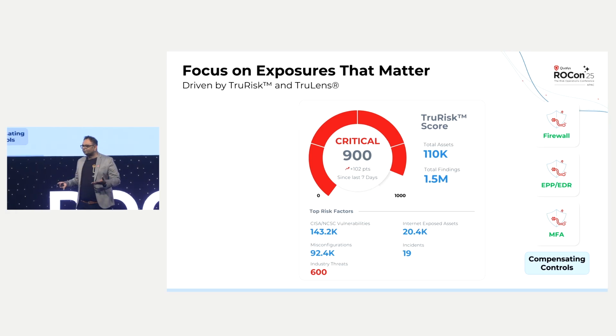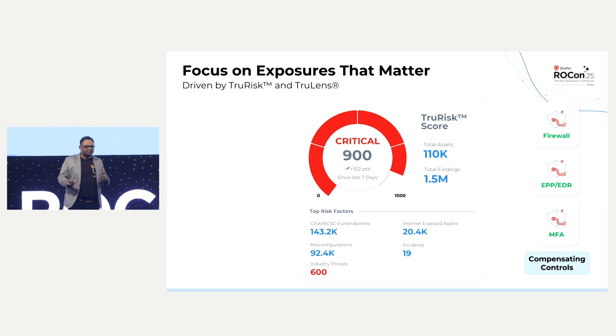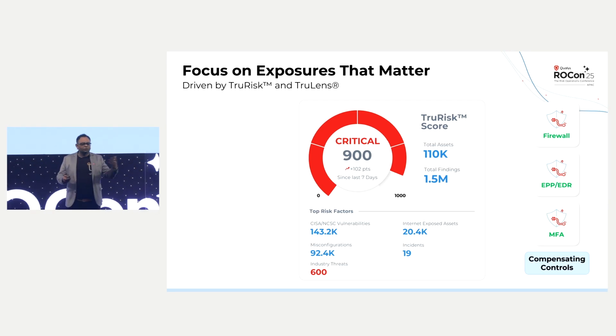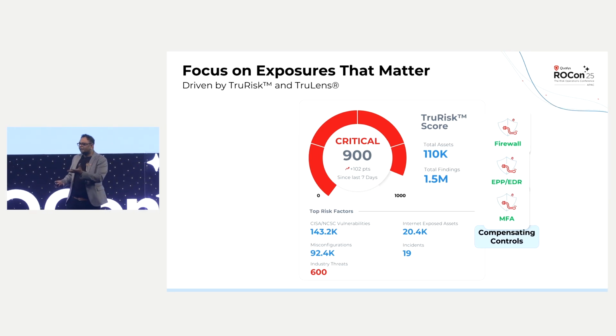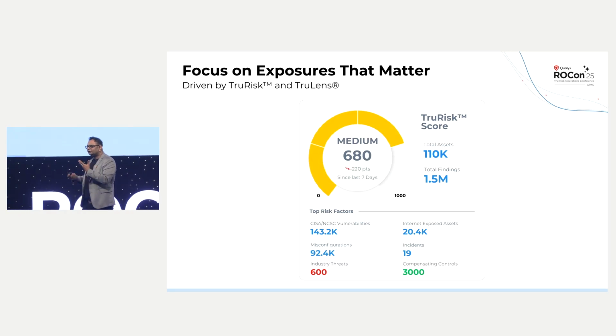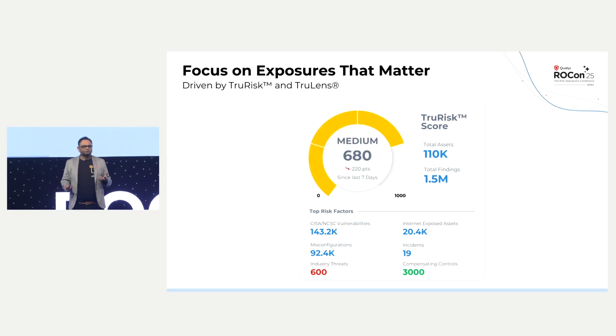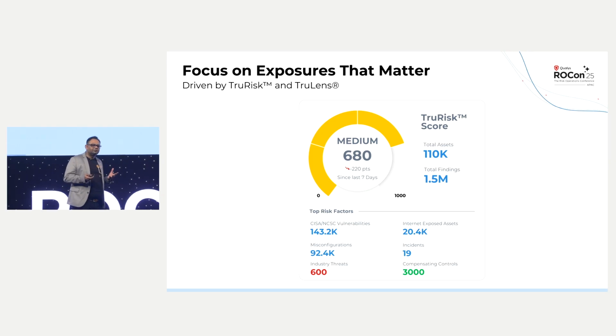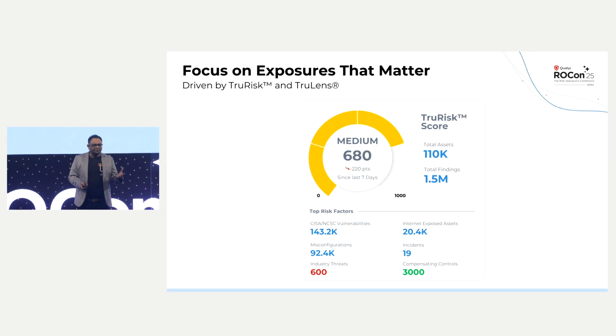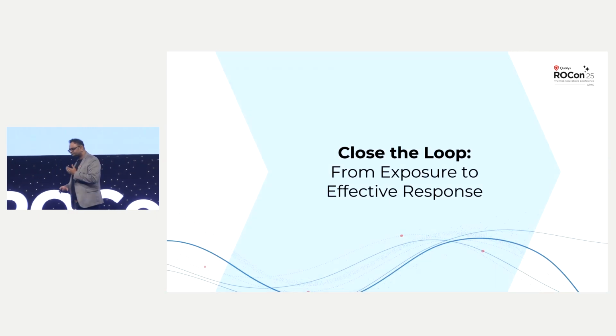Now when you look at this compensating control, you know that there is a compensating control applied, so you are accepting the risk. So now when you apply this compensating control, your real risk is 680. This is how the true risk score has been calculated using real-world data, using the compensating controls, with the risk that you are accepting.